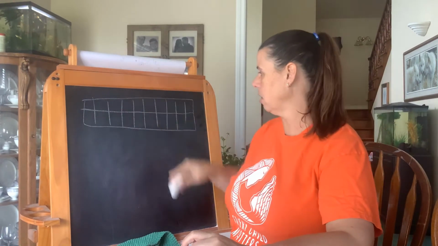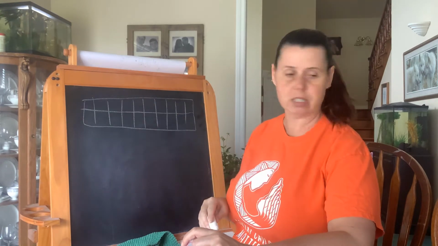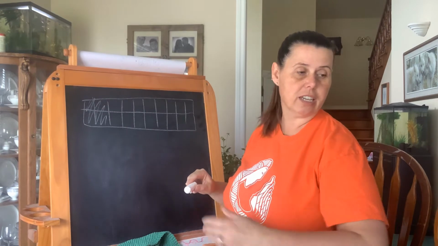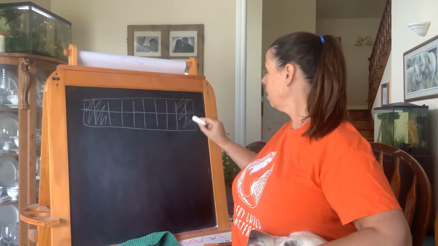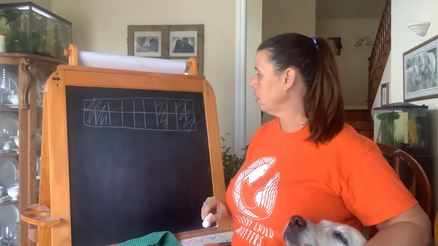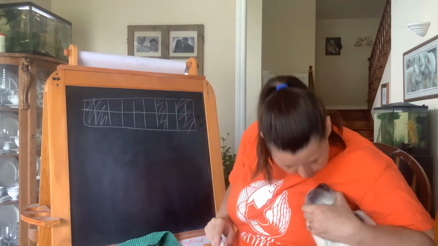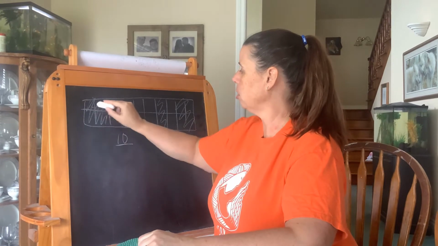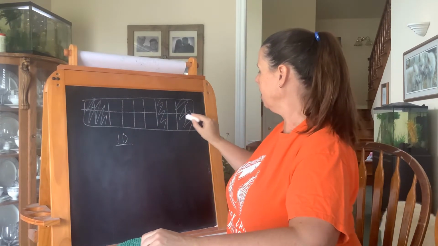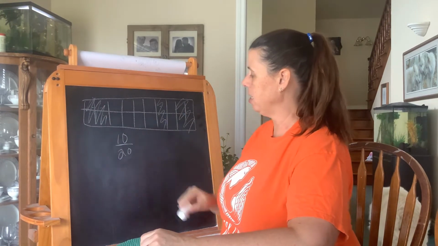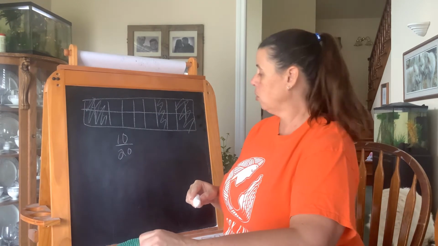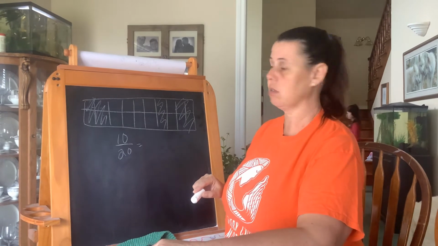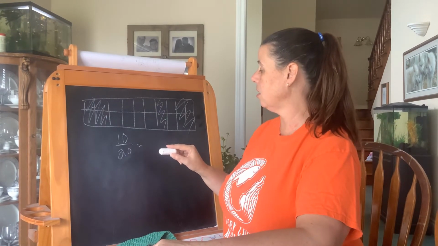Okay, so you got something that sort of looks like that. It's longer and skinnier, but in any case, it's 20 boxes, right? And they've shaded in 4 there, 4 there, and 2 in there. So they've shaded 10 out of 20. 10 out of 20 is not in lowest terms, so you have to reduce it.